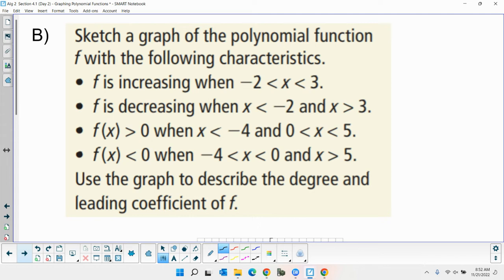Yeah, okay, so there. Remember, when it's positive, that's when it's above, right? And when it's negative, that's when it's below.